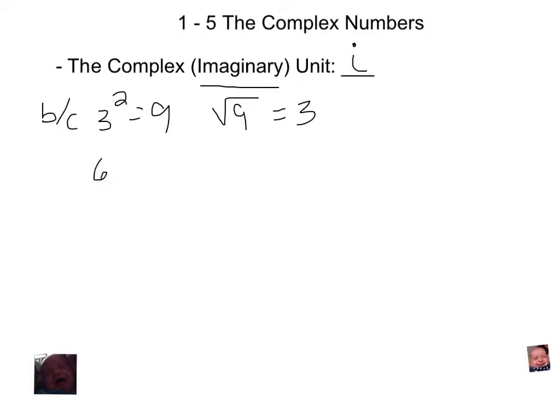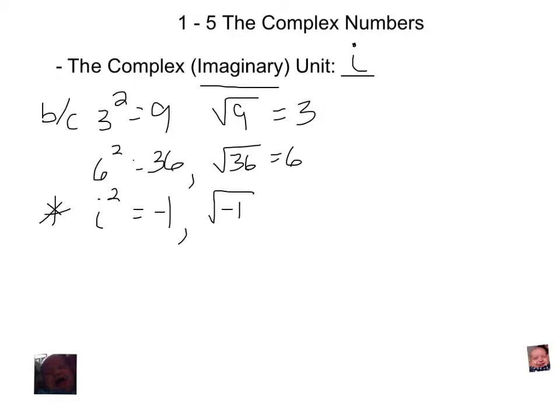Because 6 squared is 36, the square root of 36 is 6. Because i squared is equal to -1, which you should have a big fat star by and get memorized right now, then we can say that the square root of -1 is what? Well, it's i. Alright, cool.